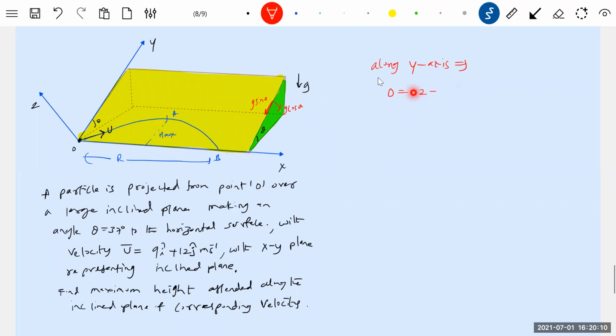Okay, I need the maximum height first, no? 0 squared minus 12 squared equals 2 times minus g sin theta times h. Okay, this is the maximum height, H max along y, measured along the incline. 2 times 10 times sin theta, theta 37 degrees, 3/5.